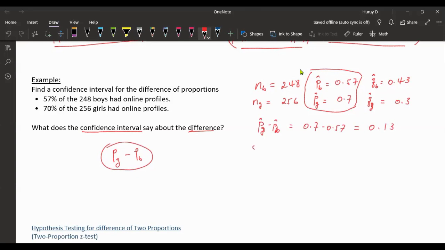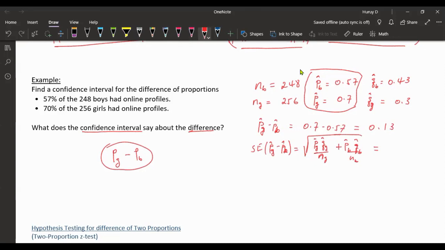And then the standard error of p hat 1 minus p hat 2 is given by the square root of p hat g q hat g over ng plus p hat b q hat b over nb. And if you plug in the numbers, you will get, do I have the number? I don't think so.